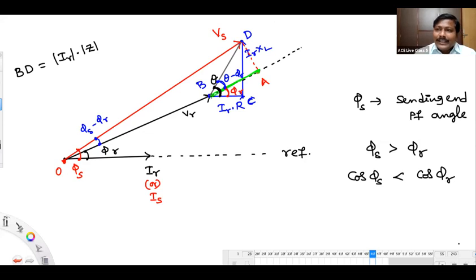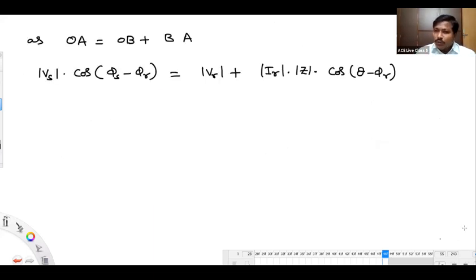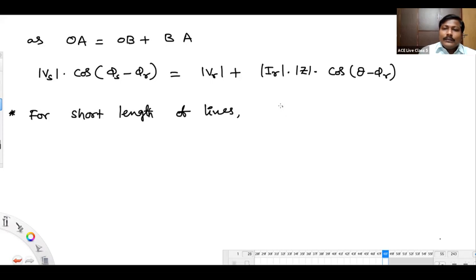Obviously phi s minus phi r is a low angle and cosine of that low angle is very close to 1. Let me write. For short length of lines, Z is low value.